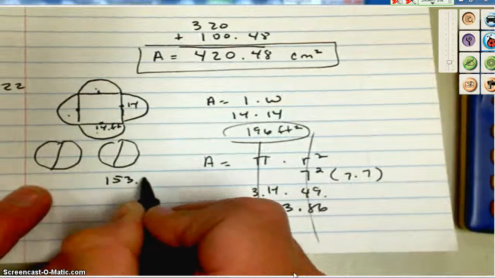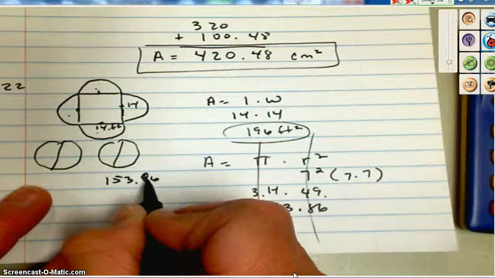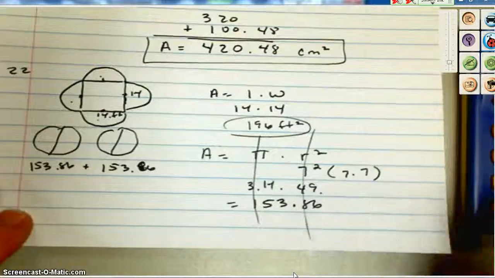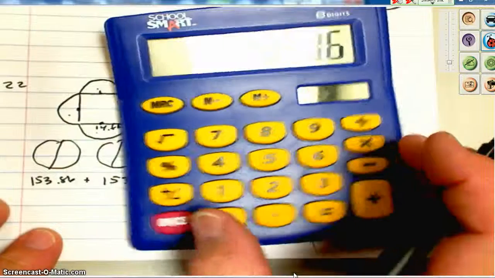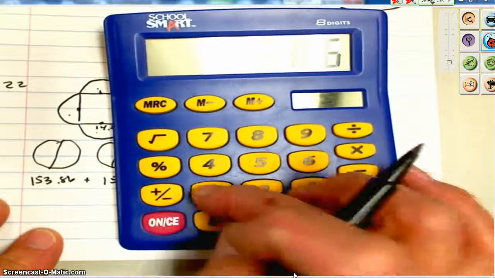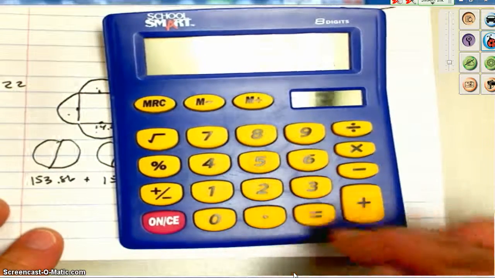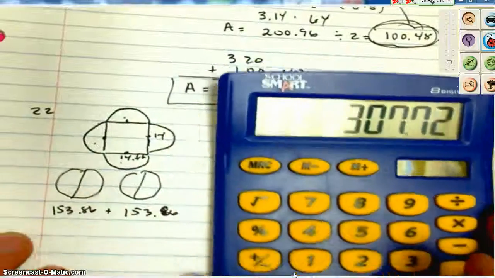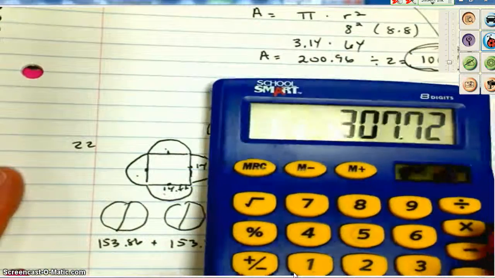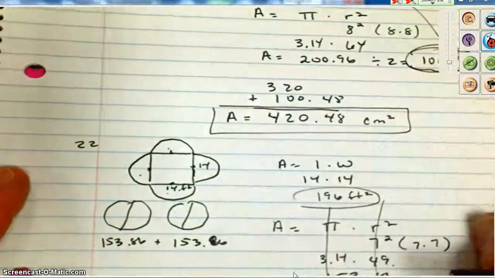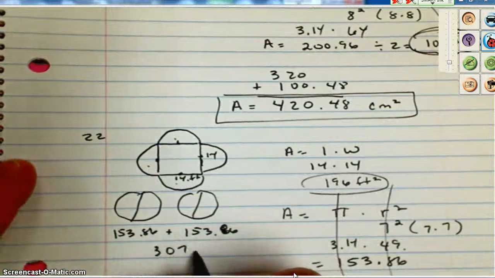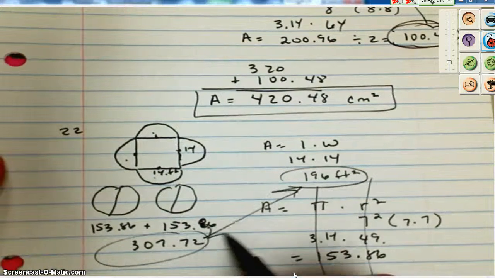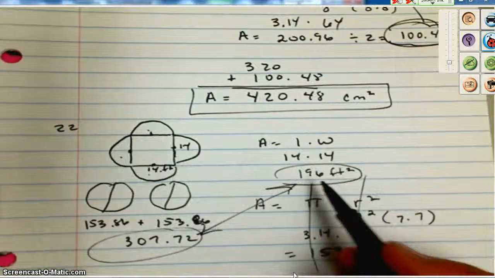So 153.86 plus 153.86, if we add that together, we get 307.72. Excuse me, that's kind of hard to see. There we go, that's kind of a bad angle there. So 307.72, and we're going to add that together with the area of our square.